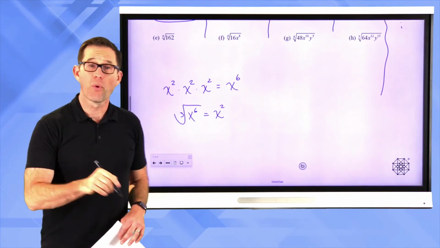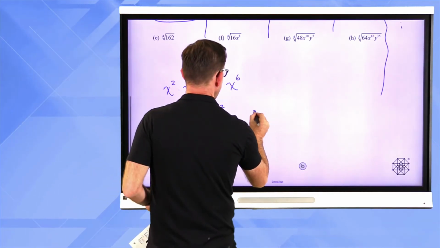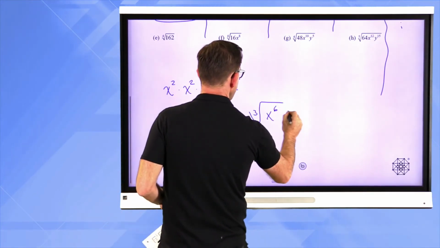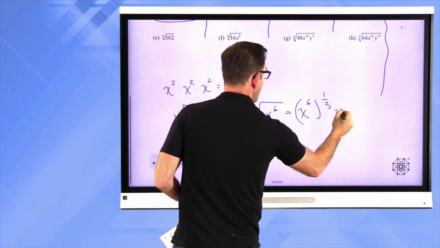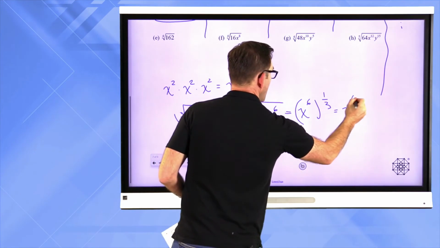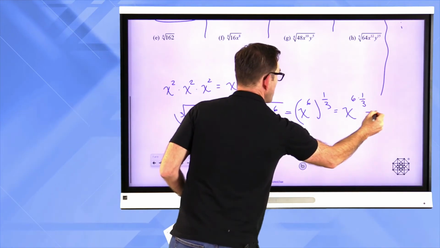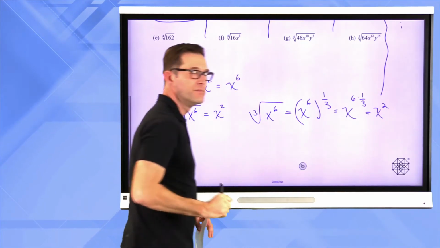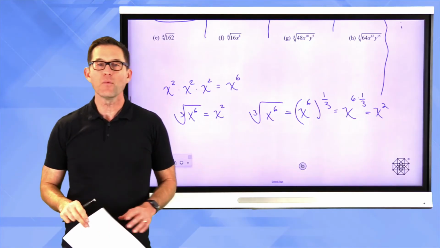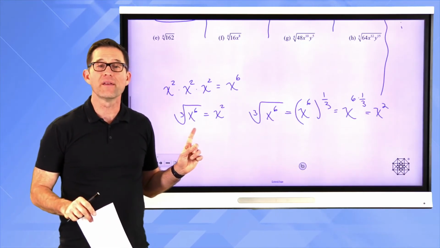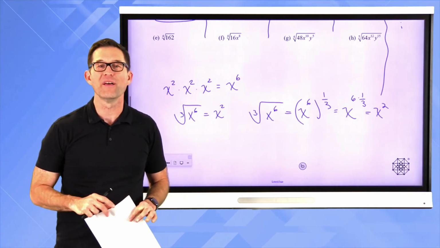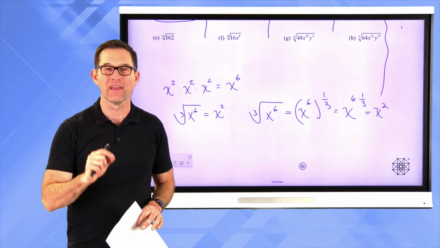More importantly, the cubed root of x to the 6th is equal to x to the 6th to the 1/3, and 6 times 1/3 is 2. So I'm going to be able to take the cubed root of any quantity raised to a power that's divisible by 3.